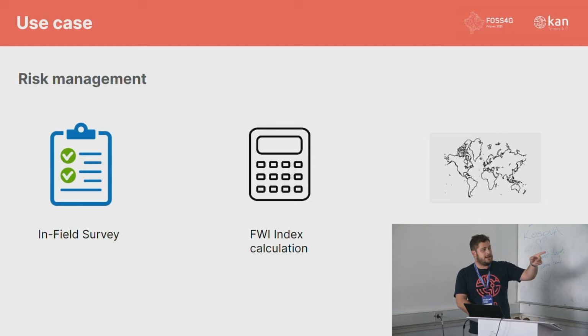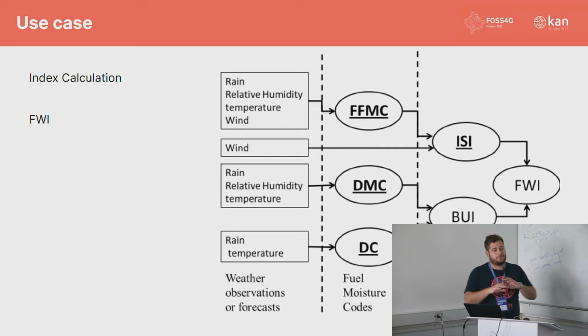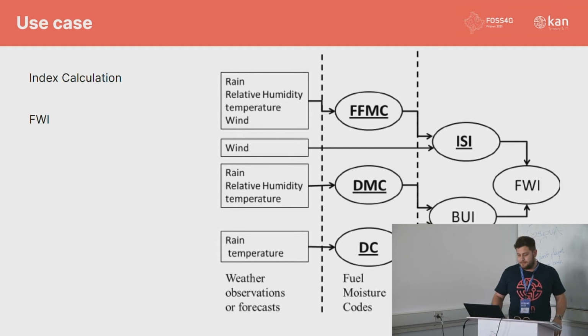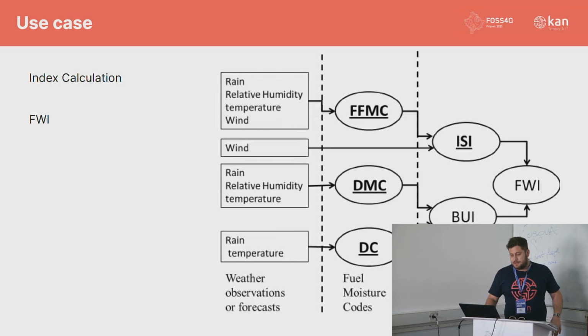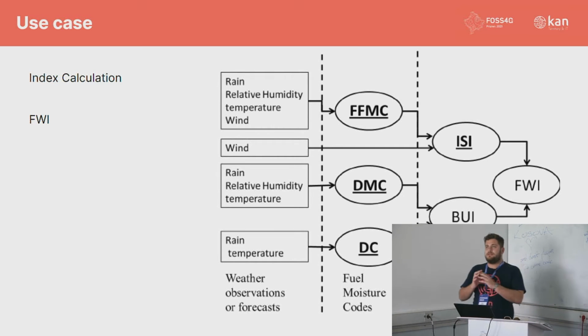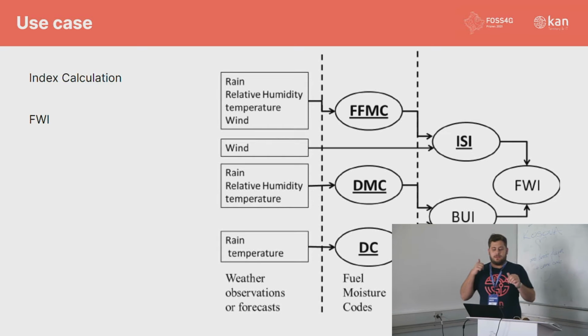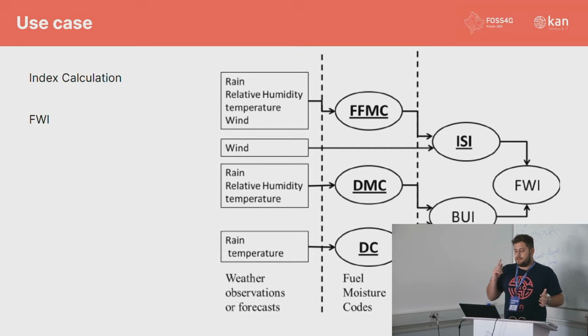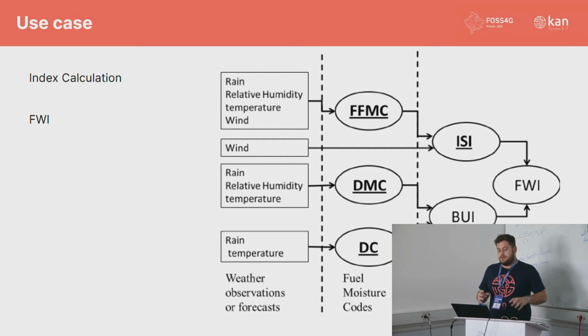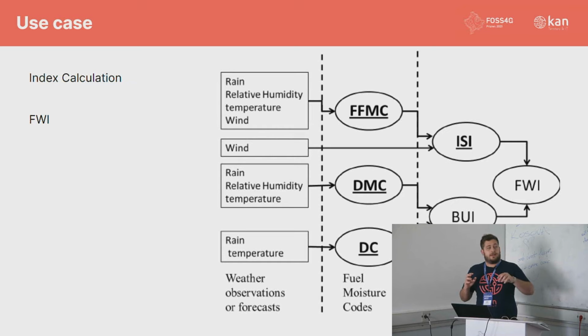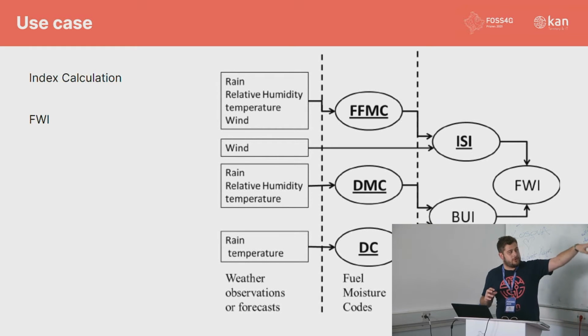Talking about the index calculation, a small brief talk. There are physical stations with sensors that have the values for rain, humidity, temperature, and wind. With those, people made three other indexes, and they built the FWI.